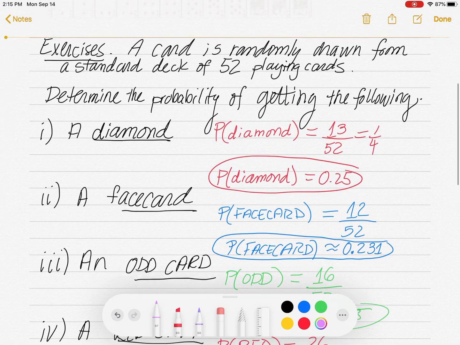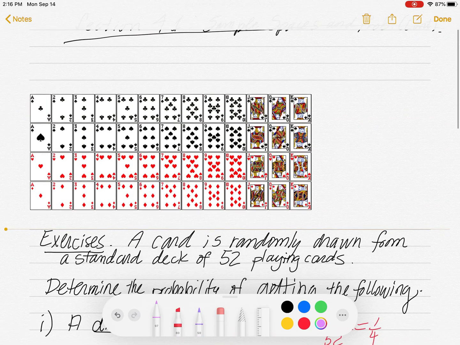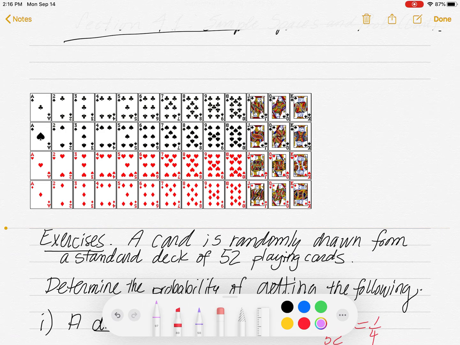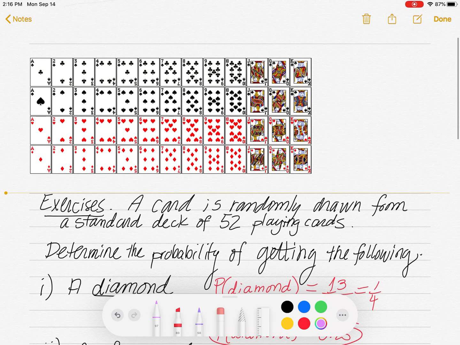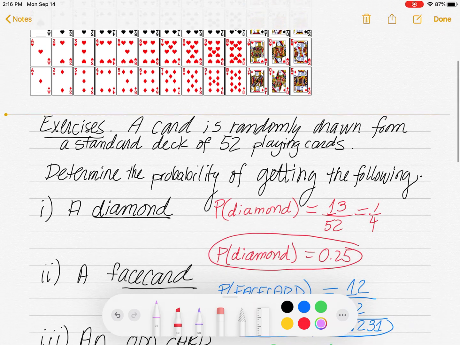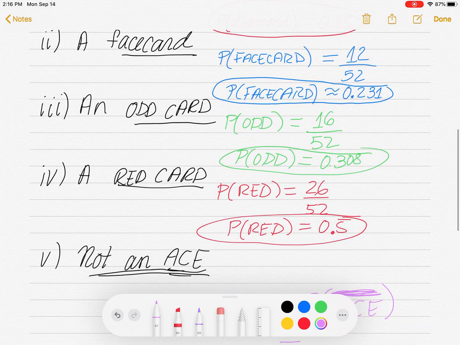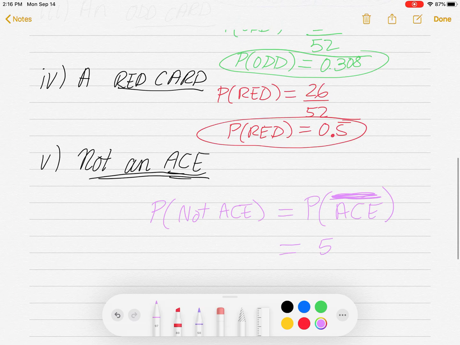So how many cards are there besides the aces? Well, if you take all the cards, there are a total of 52 cards, and subtract the 4 aces, you'll have what? 52 minus the 4 aces. That's going to tell you how many cards are not aces, right?